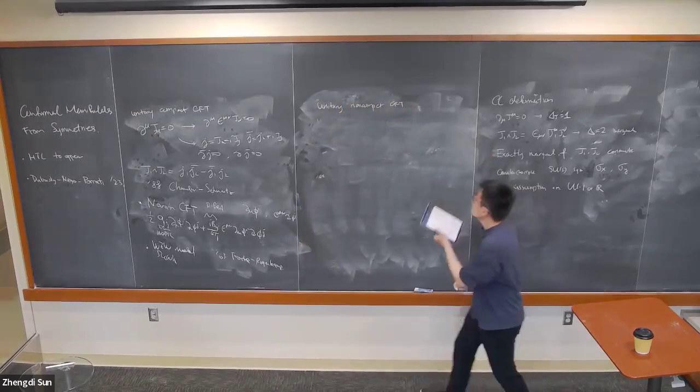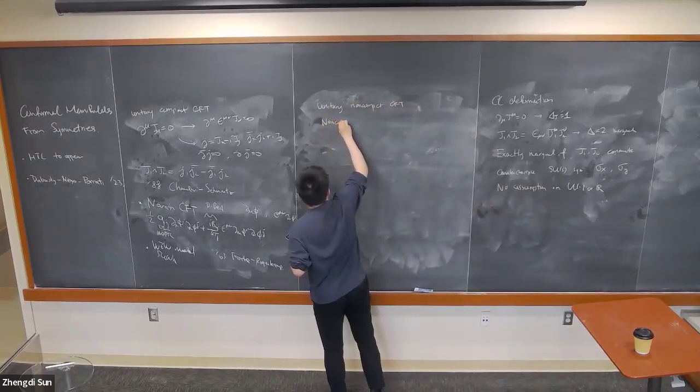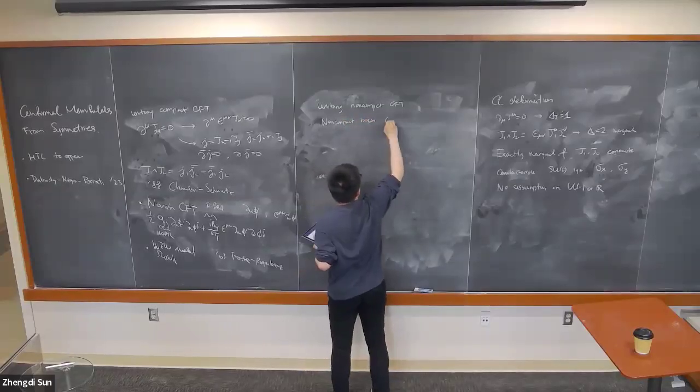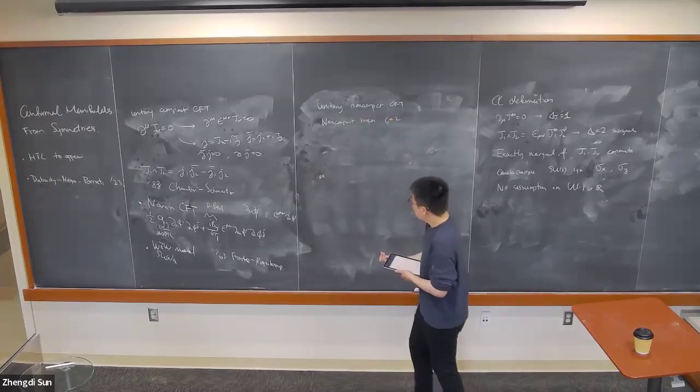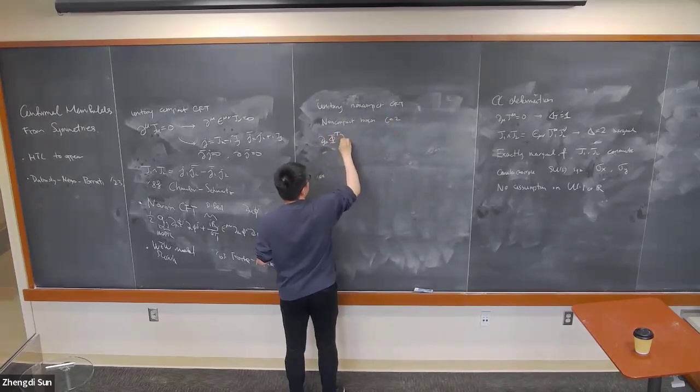Okay. So let's first talk about a non-compact boson. And let's say we set the central charge to be 2. In this case, we can parameterize the theory by a complex boson. So this is a complex boson.